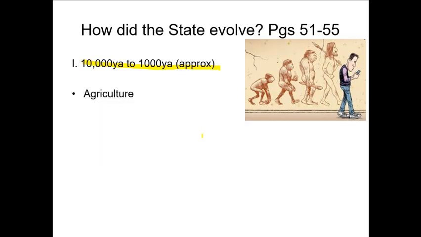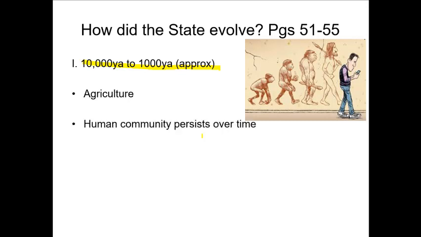The advent of agriculture enabled people to come together in larger and larger communities and stay in one place and plan their future and create businesses and special roles and governments and bureaucracies. And so agriculture really led to the concept of human civilization as we know it today.